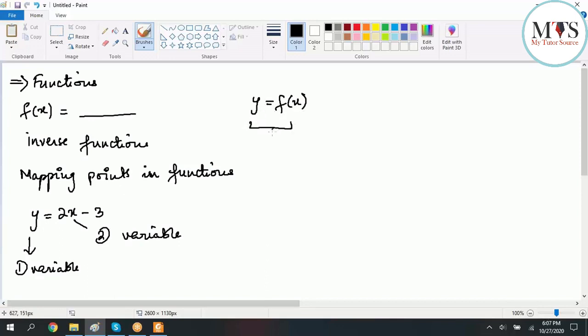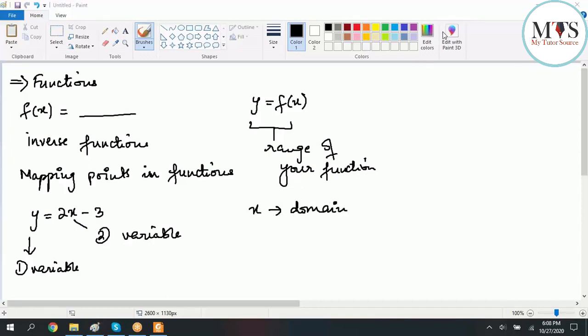And these two denote the domain of your function. Wait, that's the range of the function. That's the range of your function. x is your domain.